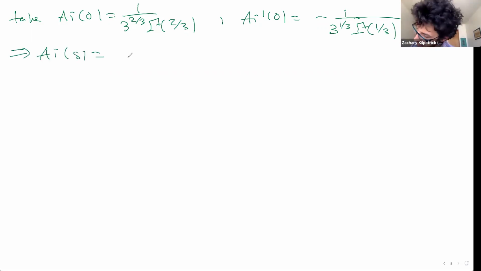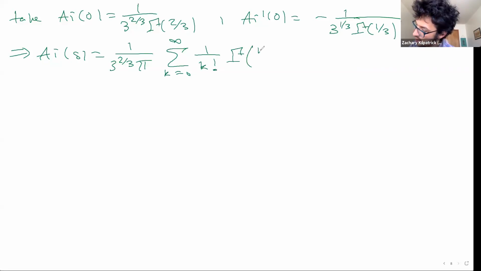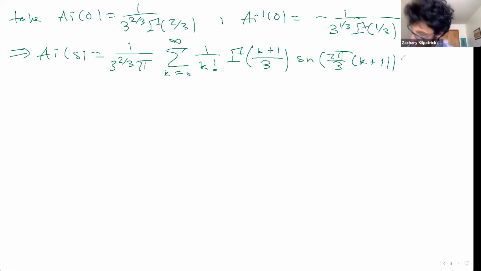Your power series expression then for your Airy function is 1 over 3 to the 2/3 pi times the sum from k equals 0 up to infinity of 1 over k factorial, gamma of (k plus 1) over 3, sine of 2 pi (k plus 1) over 3, times 3 to the 1/3 s to the k. So it's something of a mess.